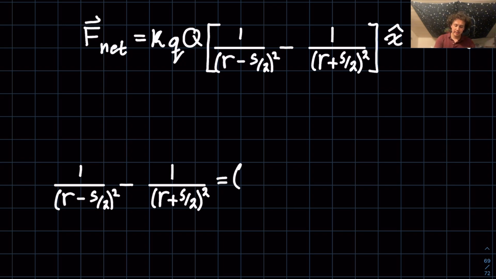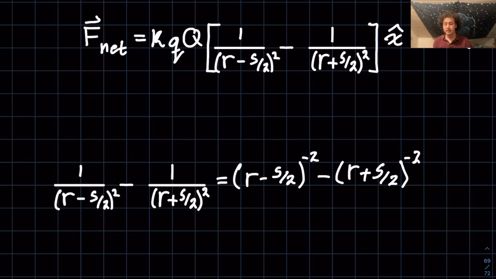So we have that (r minus s over 2) to the minus 2 minus (r plus s over 2) to the minus 2. There's a lot of minuses in this one. This one's pretty tricky. I ask you to try this one yourselves. You've done it for your homework, but you might have forgotten it. So please go ahead and do it yourself if you have the time.